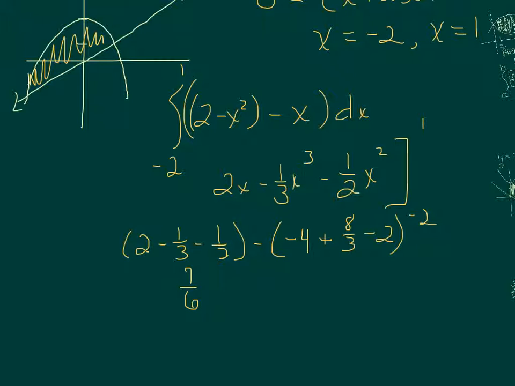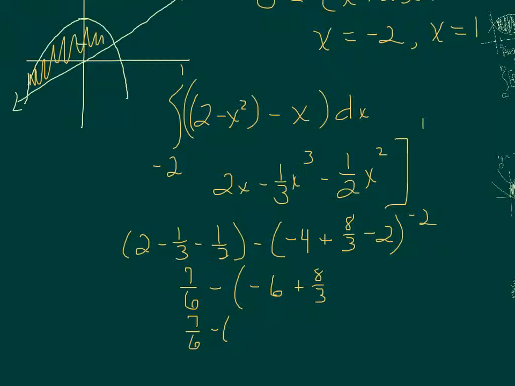Then -6 plus 8/3, that's negative 18/3 plus 8/3 is negative 10/3.